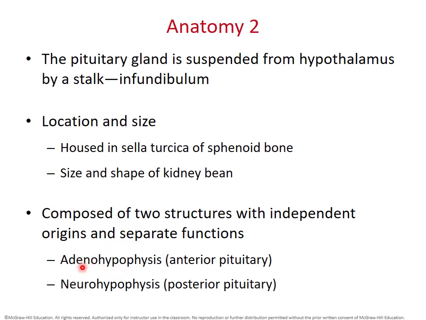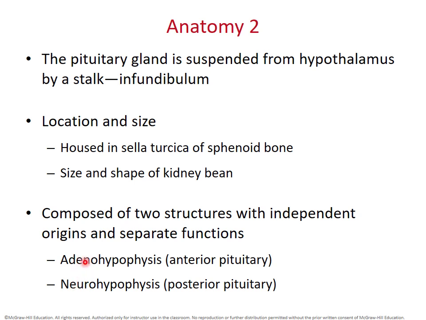And I like this distinction between adeno and neurohypophysis because it highlights one of the main differences between the two structures. Of course, anterior and posterior also highlight a difference. The anterior pituitary is the front part of the pituitary, and the posterior pituitary is the back part. But what adeno and neurohypophysis emphasize is the different kinds of tissue that make up these portions of the pituitary gland. Adeno is a word that means glandular. Neuro, of course, is a word that means neural, or having to do with neurons.